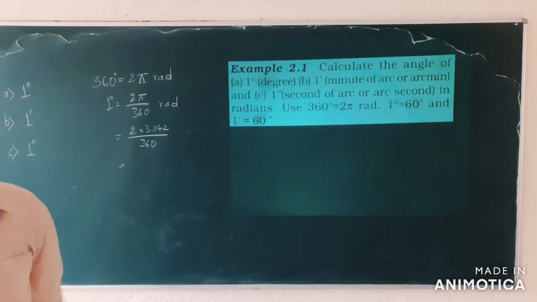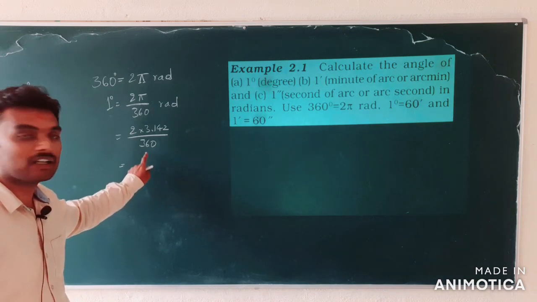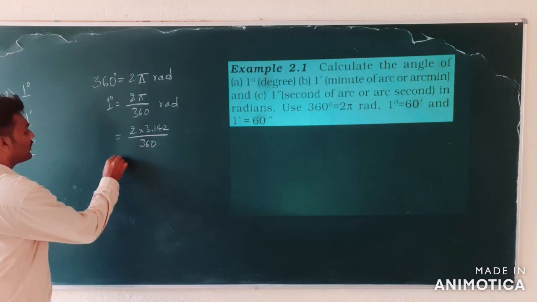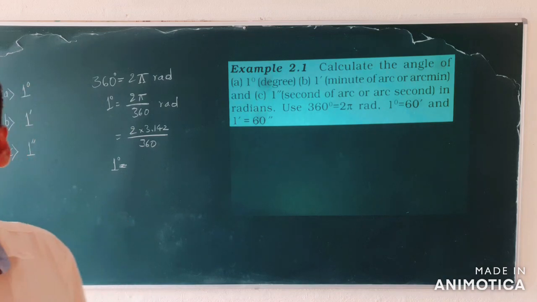It's actually given in NCERT. The same solution I am making here. But you should make use of a simple calculator to solve this. And hence finally you will get 1 degree is equal to, just a minute, let me solve it.